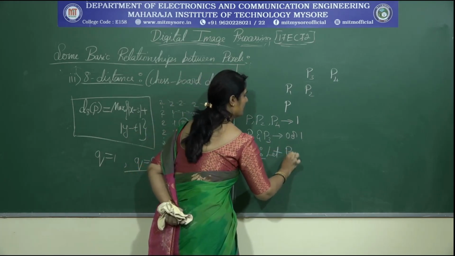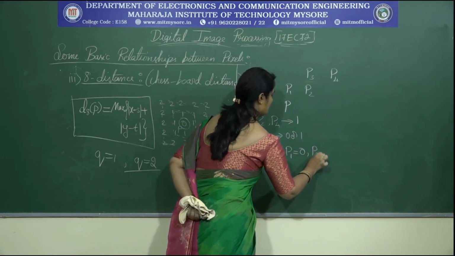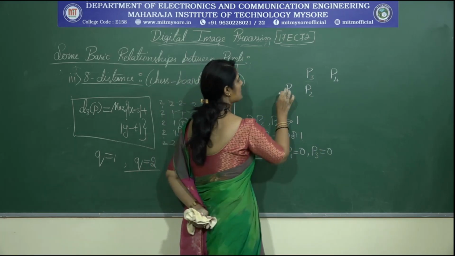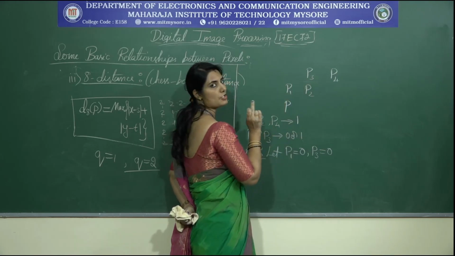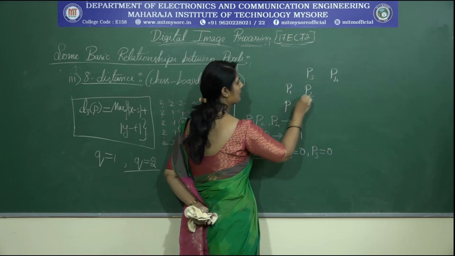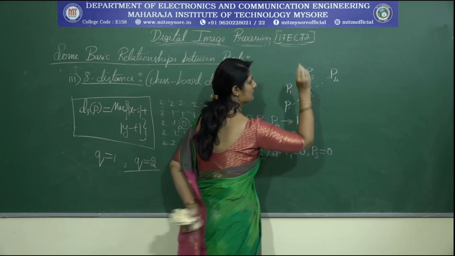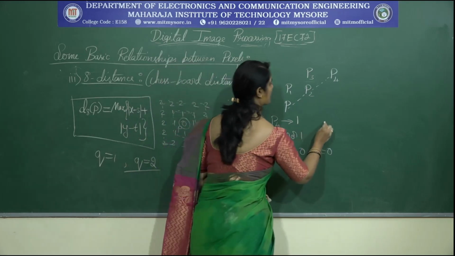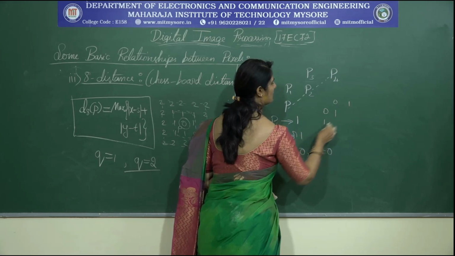Let P1 is equal to 0 and P3 is equal to 0. So, now since this is 0, this is also 0, the shortest path between P, P2, P4 is this, right. So, it appears like this: 1, 0, 1, 0, 1.